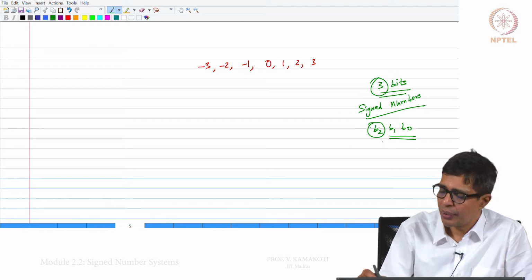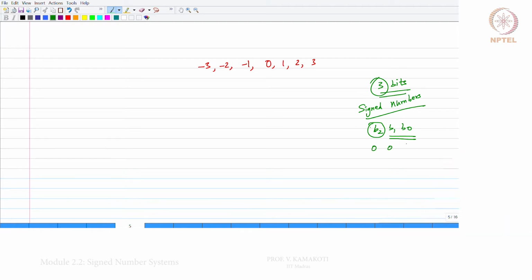So, if I say 0, 0, 1, 0 means plus, this 0, 1 is nothing but 0 into 2 power 1 plus 1 into 2 power 0. So, this will represent plus 1. Suppose say 0, 1, 1, 0 means plus, this 1, 1 will be 1 into 2 power 1 plus 1 into 2 power 0, which is 2 plus 1, 3.